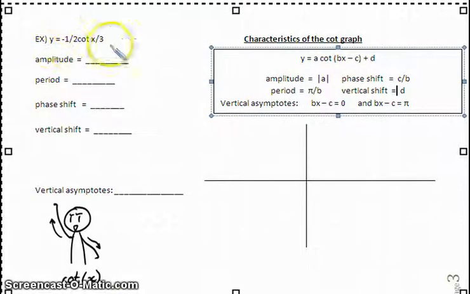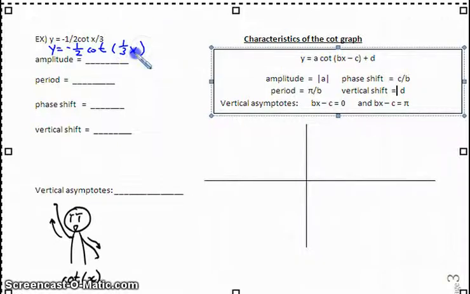Okay, taking a look at this next graph, a couple things stick out to me. First of all, I've got a negative amplitude, and I've got a cotangent here that's written as x over 3. So I'm just going to rewrite this to say that it's y equals negative 1/2 cotangent of, in parentheses, 1/3 x.